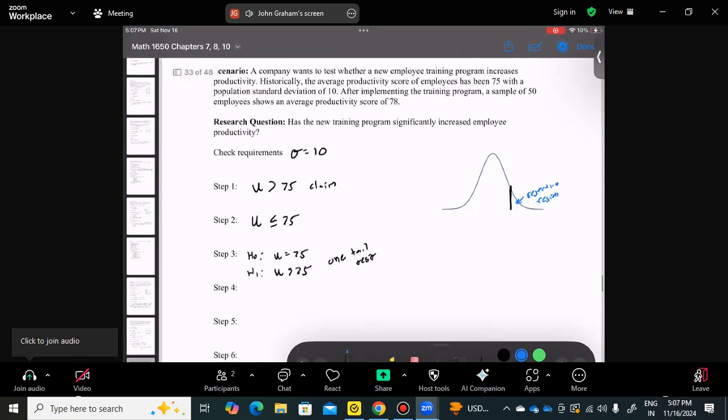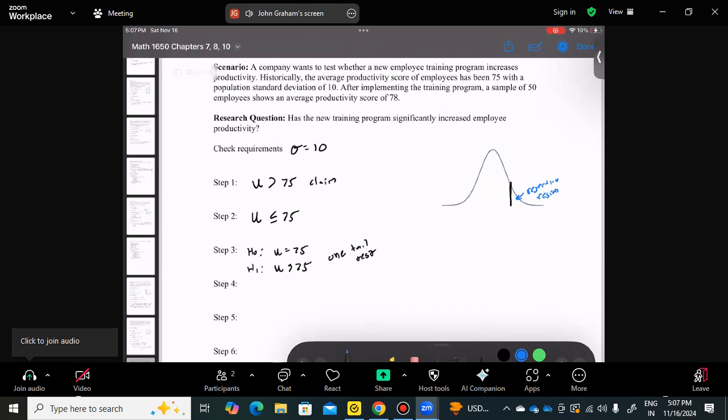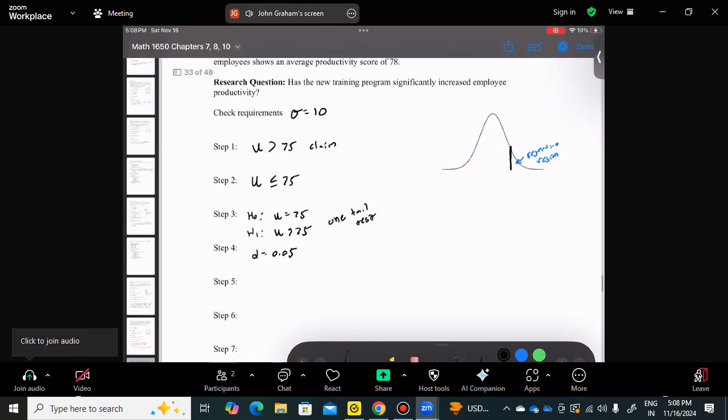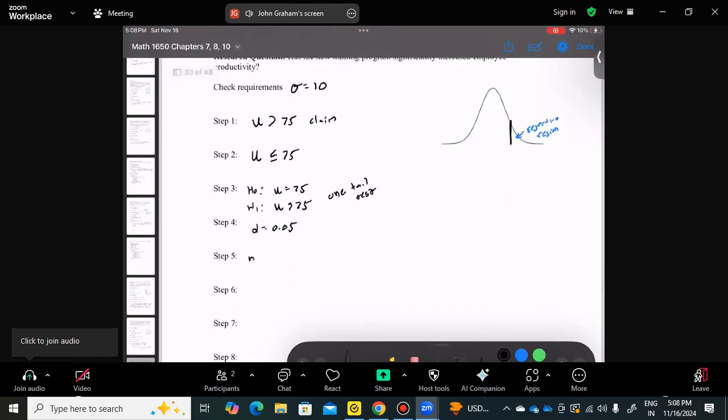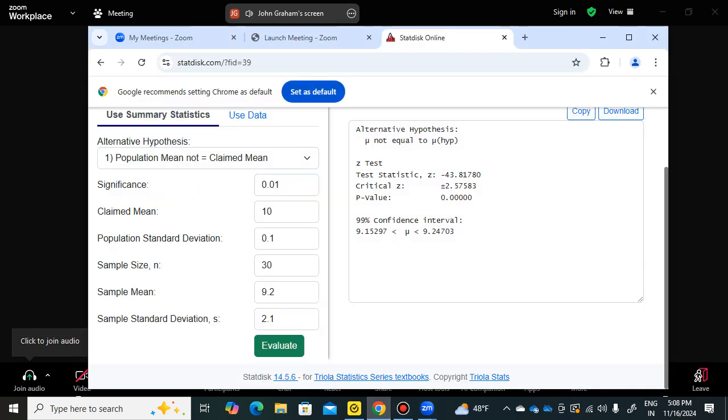Right, the significance level here we will use is 0.05. And we are going to look at this as a normal distribution because we do have the population standard deviation, so we're looking at a z-score here. Let's throw in the values.